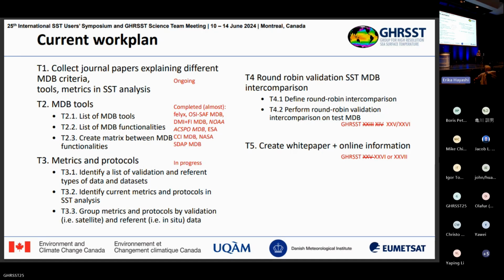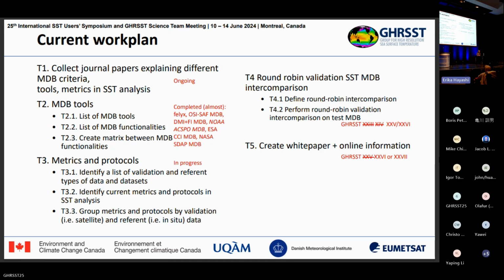Then to identify the different metrics and protocols that may be used for SST validation and analysis, and classify these metrics with respect to the type of satellite or in situ measurement we are dealing with.